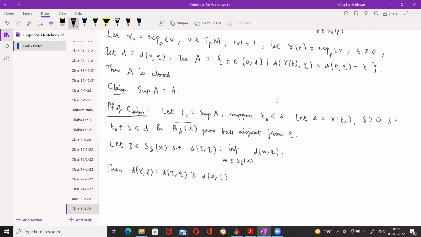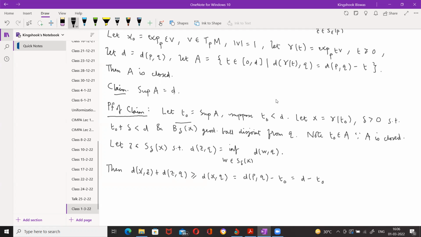And this distance, note that A is closed, right? So note T naught belongs to A because A is closed. So this distance from X to Q is equal to the distance from P to Q minus T naught, which is D minus T naught.